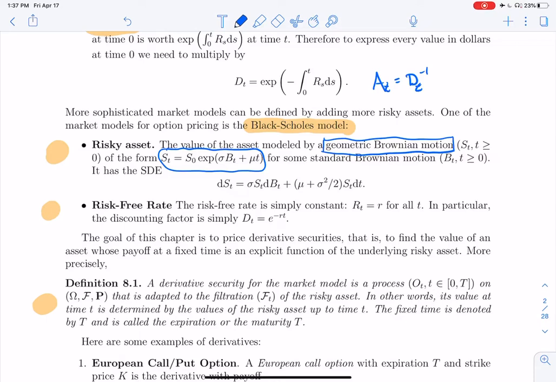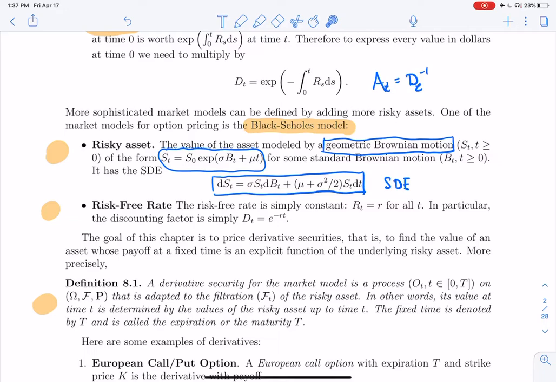We know how to write the SDE of that. Just apply Ito's formula. We did that example, and that's the SDE. In the case where mu is equal to sigma squared over 2 minus sigma squared over 2, then I have a martingale. But in general, I might not.